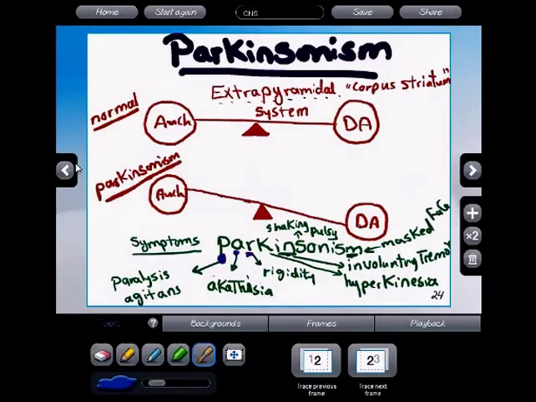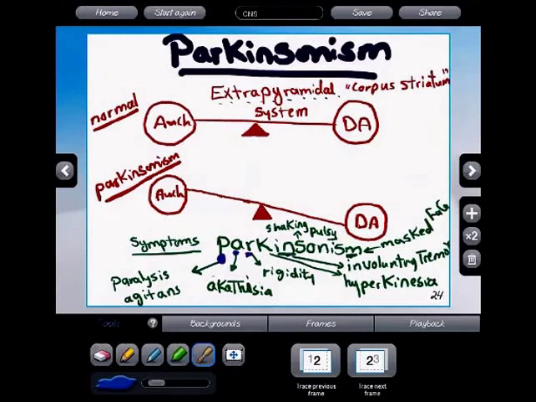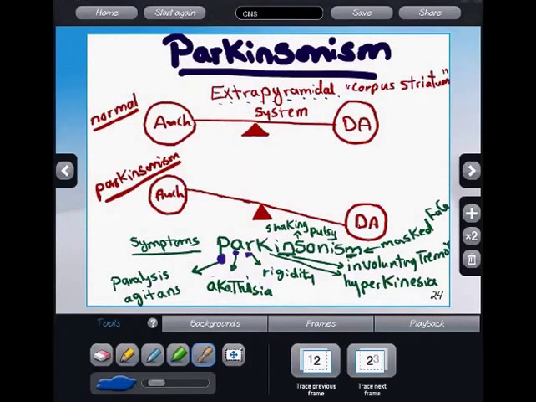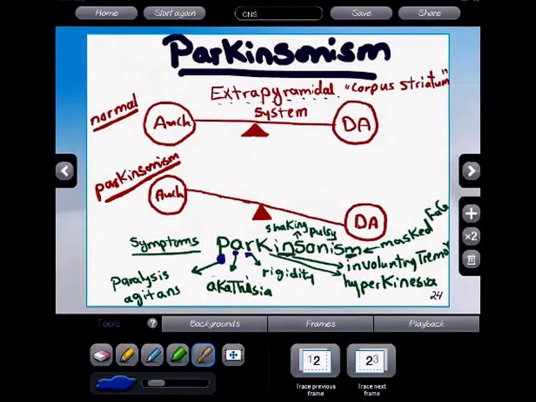Okay, let's talk about Parkinson's disease. Okay, guys, Parkinsonism is an imbalance in the extrapyramidal system in the brain. There is an area in the brain called the extrapyramidal system at the corpus striatum, at which there is a balance between acetylcholine and dopamine.